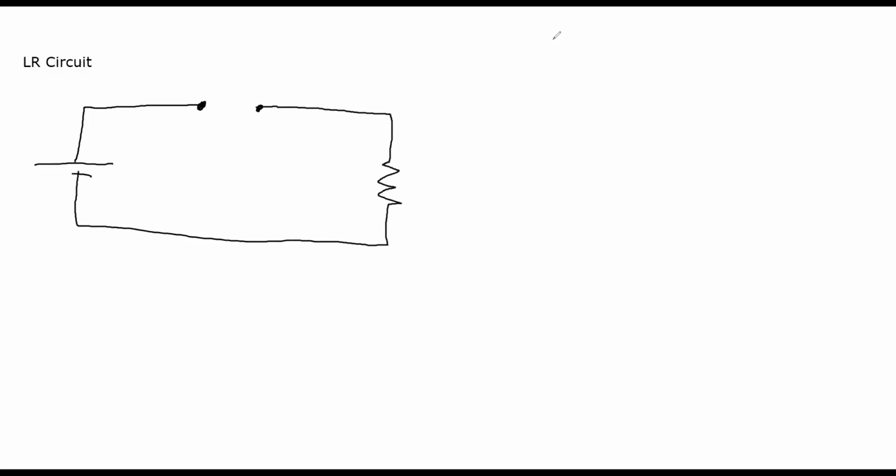We're gonna have a battery, and we're gonna have this junction here. So we have a battery, and I'm gonna have this junction here that goes to a resistor, and now it goes back to the battery, and then an inductor. L, R, this is my battery, so I'll put V here.